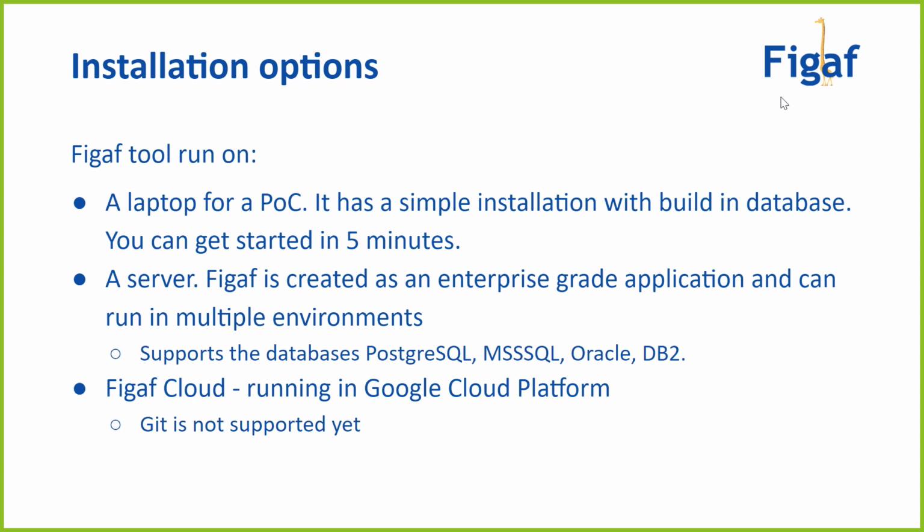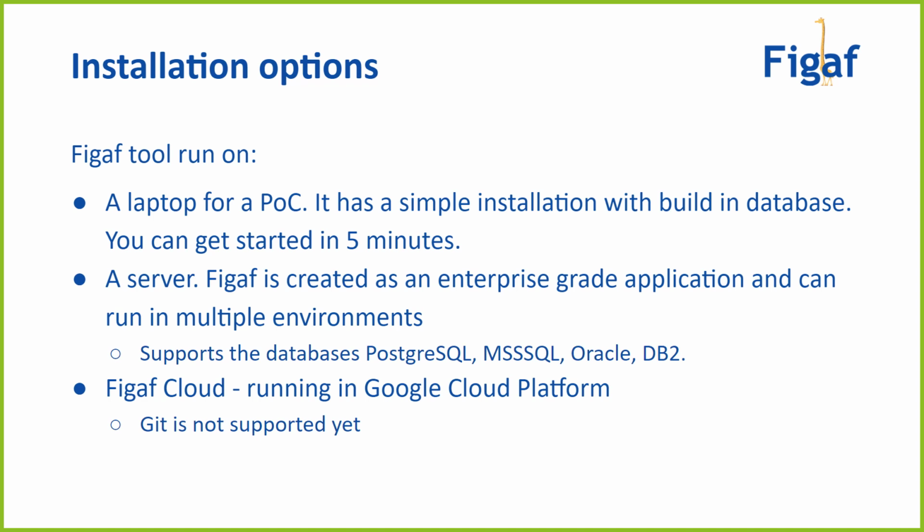So getting started. The way you can start is you can run it on a laptop for a POC. You can get started in something like 5 or 10 minutes. Download the tool, start it up, log in, and then you can add a license key. You can connect it to the agents that you want, and you can do one of the different things it's able to do.